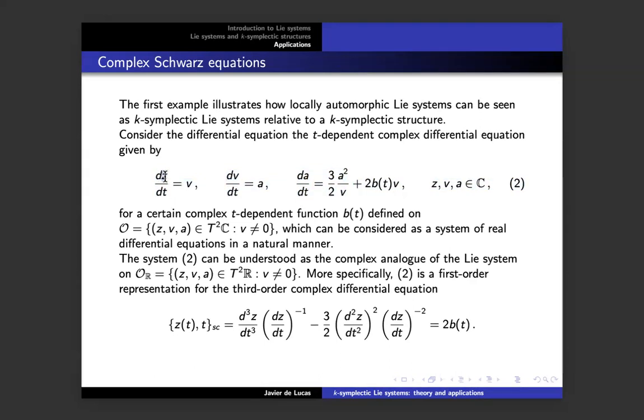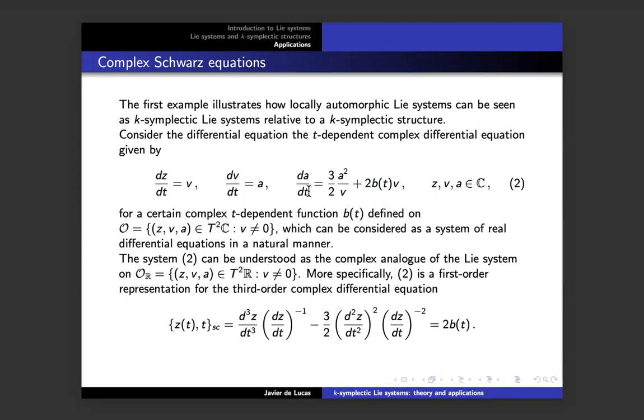Here z, b, and a are complex numbers, but the time is real. Take this into account, because different versions arise by assuming that the variables or the time are complex; the functions are different. Here b(t) is any complex function, whatever you want, and the parameter t is real.